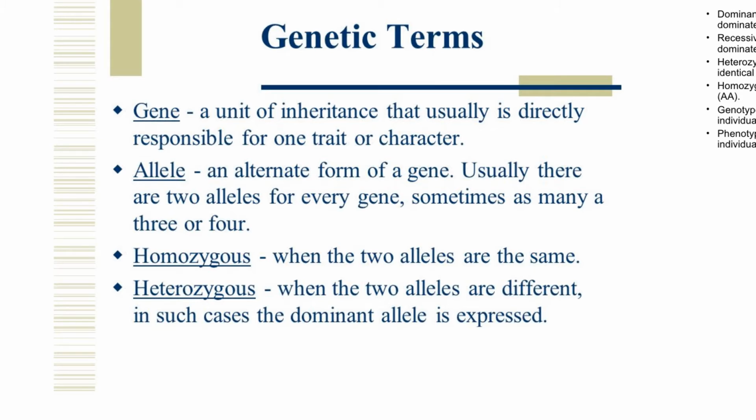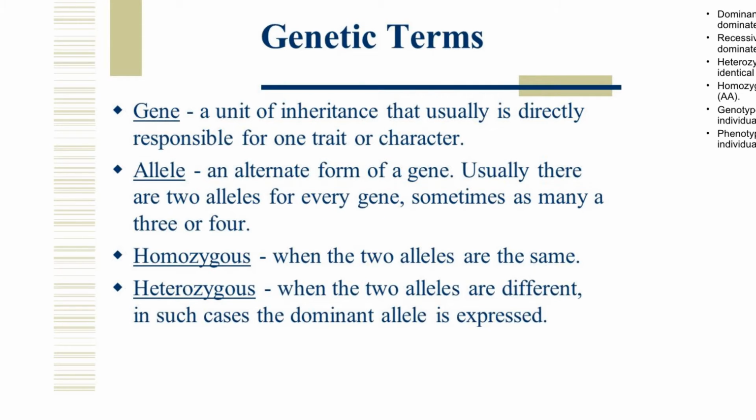So the allele. I like this definition because it's the alternate form of a gene. We often see capital A, lowercase a, but maybe there's 10 alternate forms for one locus. Here it says usually there are 2 alleles for every gene.